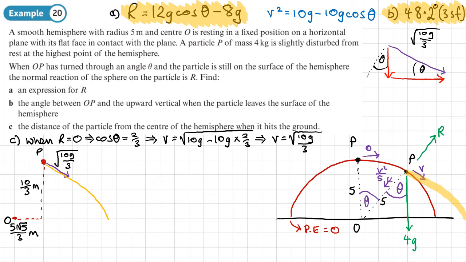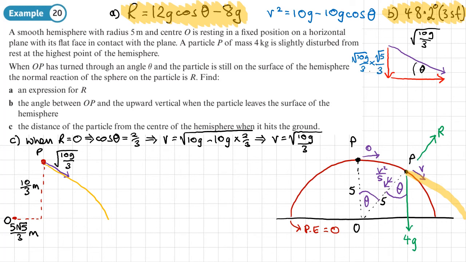So that allows us now to work out the horizontal and vertical components of the velocity. So the vertical component here is going to be this times by sine theta. Now remember, we worked out sine theta to be root 5 over 3. So we'll just put over here that this is root 10g over 3 times by root 5 over 3.